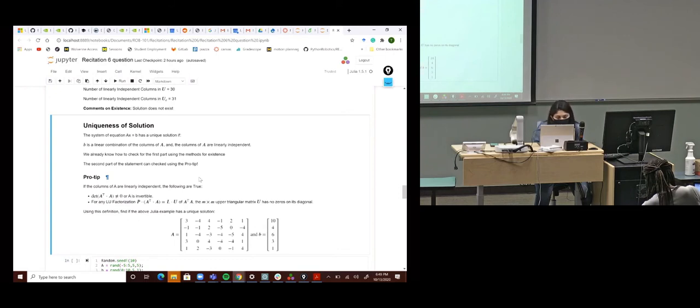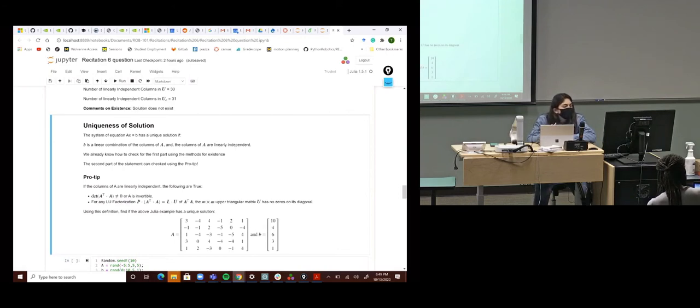We can say that the system of equations Ax equals b has a unique solution if b is a linear combination of the columns of A, which was our condition for existence, right? So we already know how to check for that. And then the extra condition is that we want to check that the columns of A are all linearly independent.